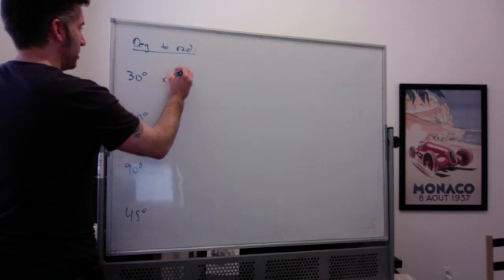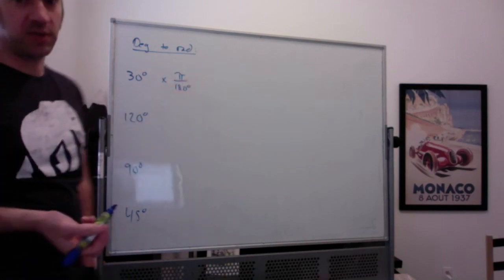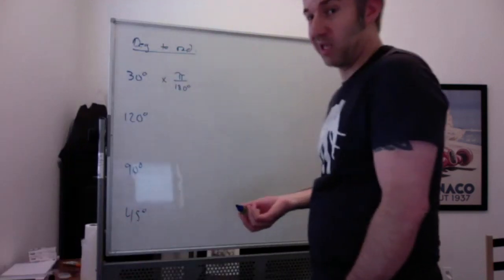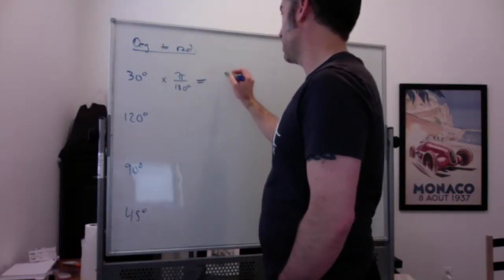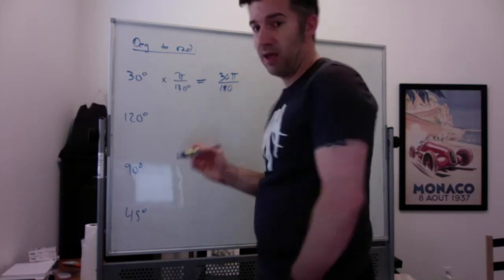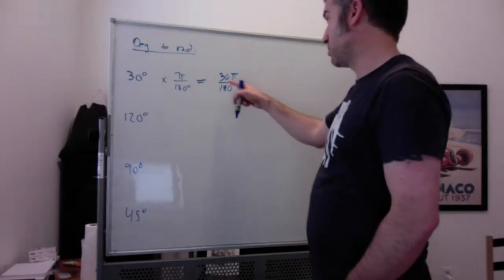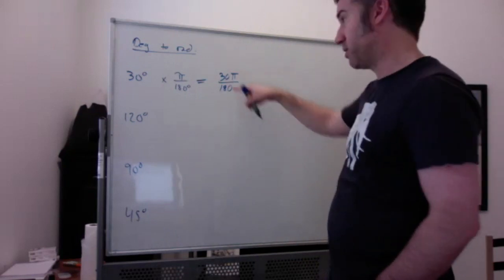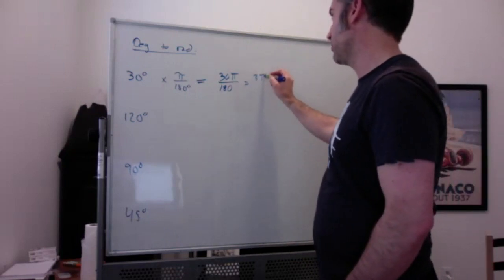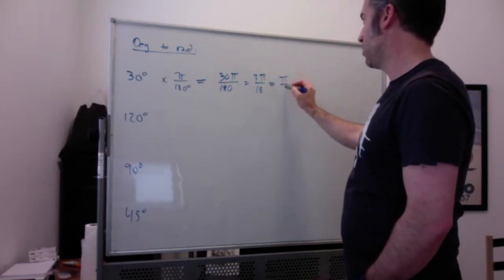This is going to be times pi over 180 degrees. And first off, the degrees cancel. And I'm going to rewrite this as 30 pi over 180. And then our job really is to reduce this. Well, we can cancel the zeros, right? This is 3 pi over 18, which is 1 pi over 6, which is pi over 6.